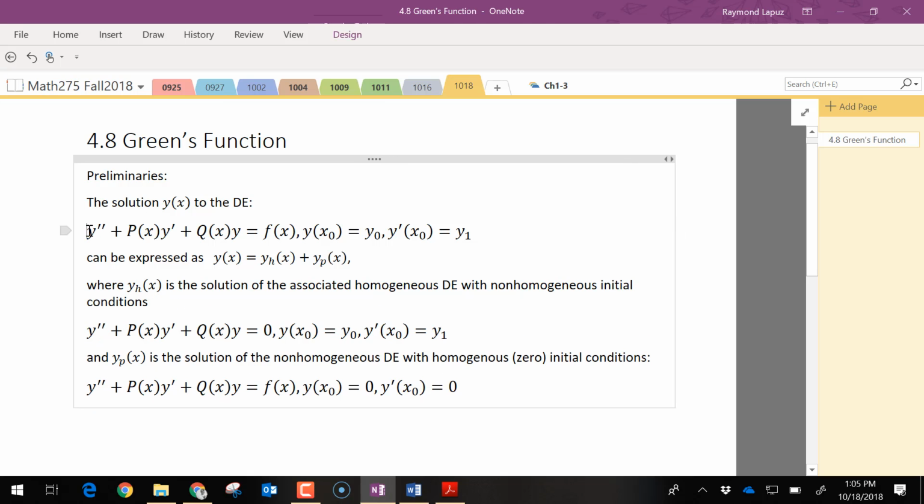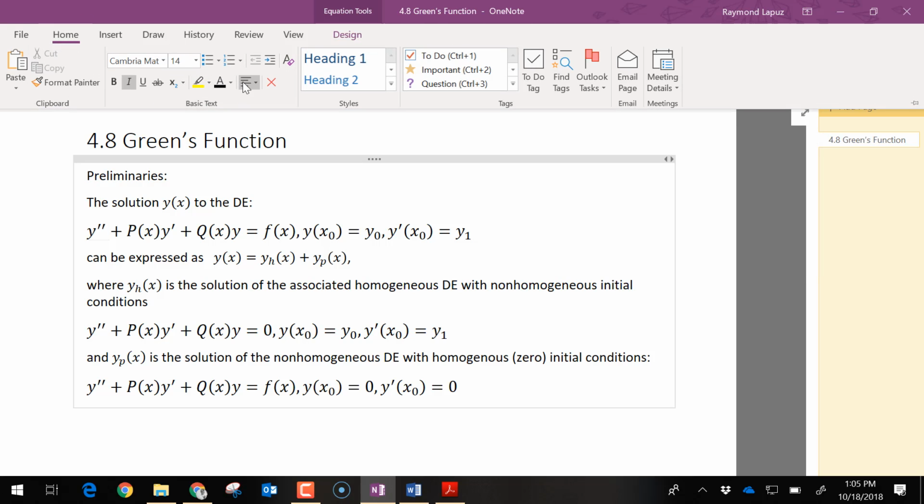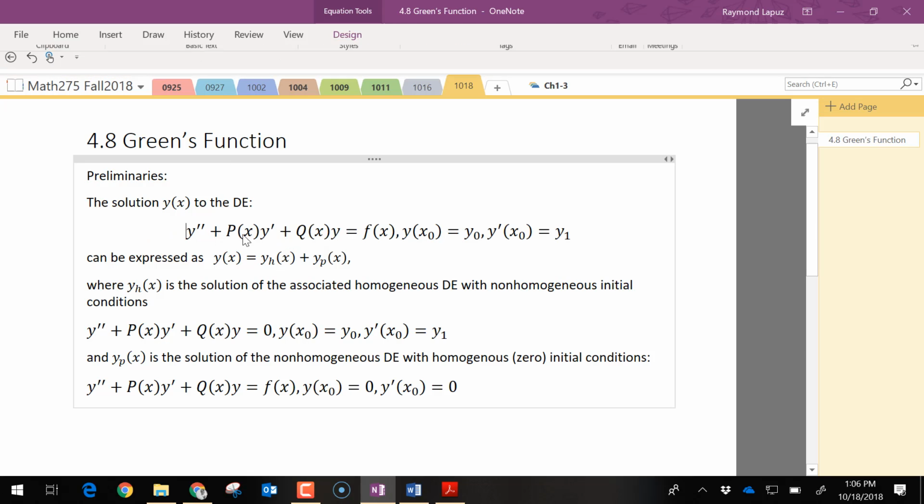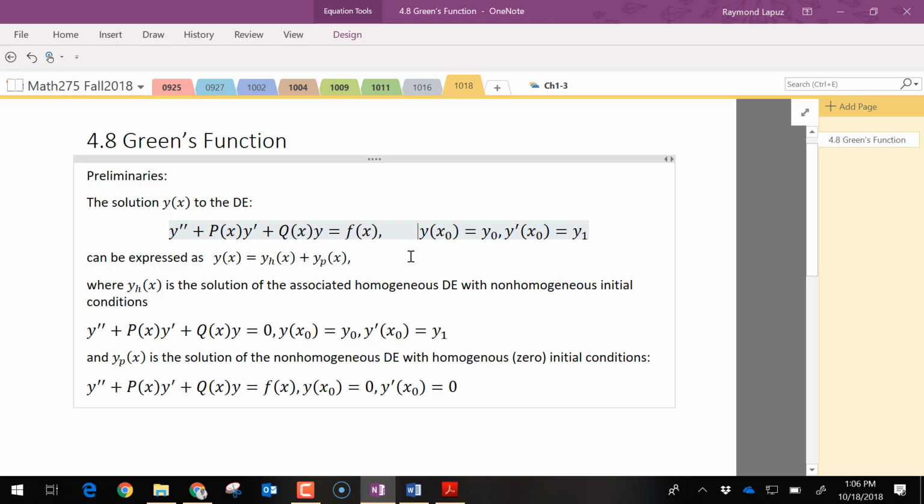So this is our differential equation, and it will have initial conditions. For now, let's take a look at just a second order differential equation.